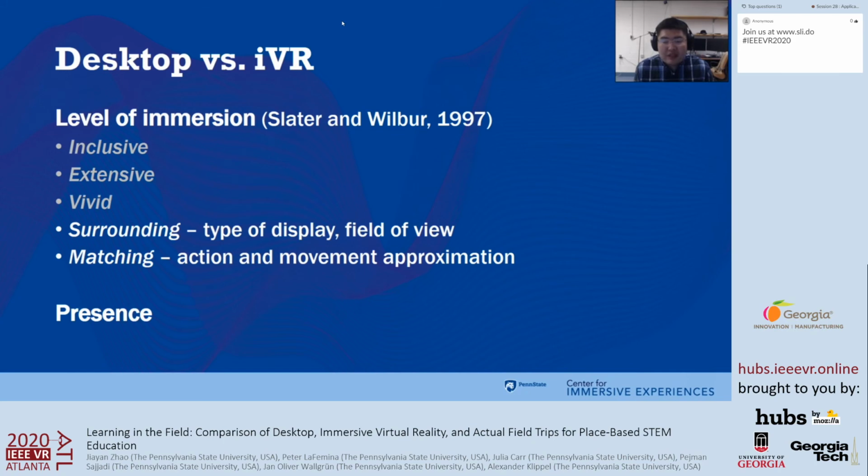In contrast, desktop users typically use a more abstract navigation interface, such as mouse and keyboard, to look around without actually moving their body or head. As a result, IVR should be able to induce a stronger sense of being in the virtual world, that is, the sense of presence, than the desktop display.